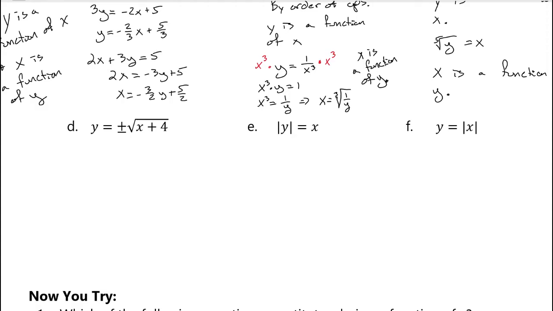If we plug in x equals 0, then we get y equals plus or minus the square root of 4 equals plus or minus 2. So we're getting two outputs. So y is not a function of x.